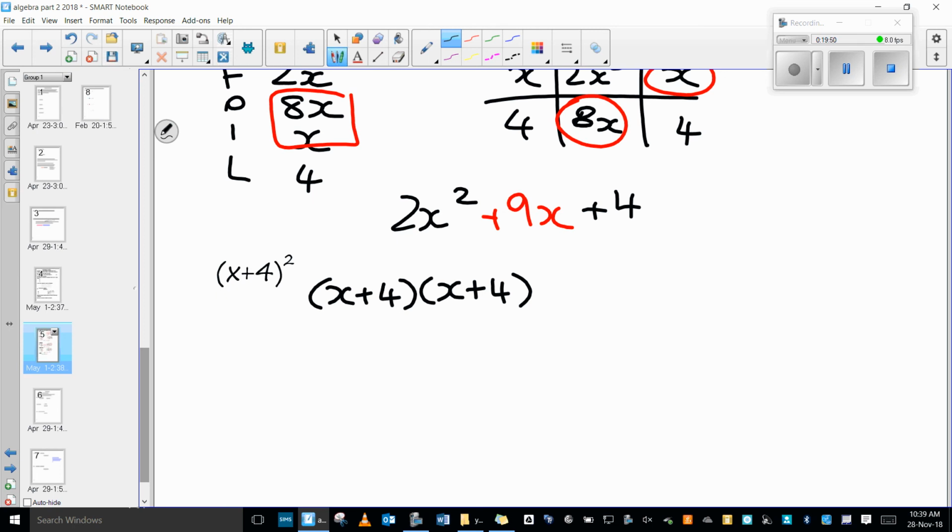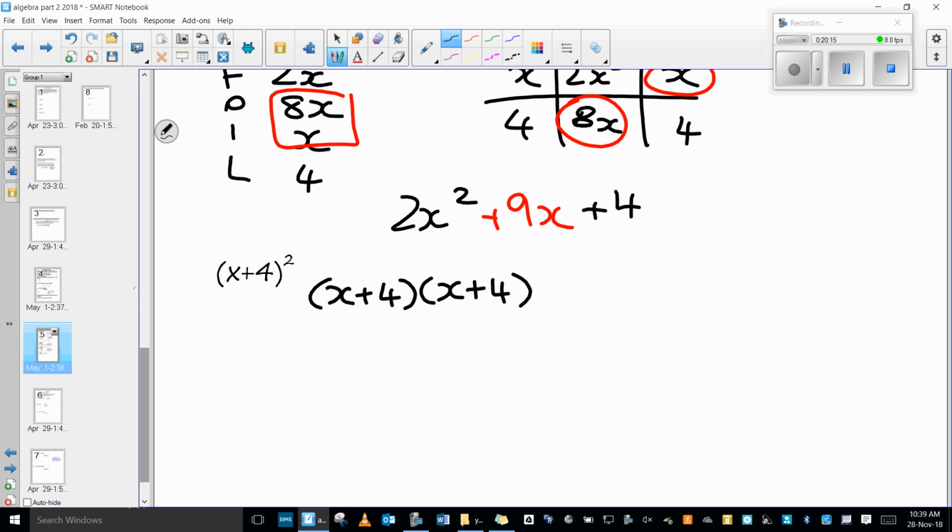They'll square the F, they'll square the L, and then they forget the O and the I, and they get the wrong answer. So it's really important that when you see the squares, you just repeat your bracket. That's not hard. First step, yes? And now you can follow your FOIL or your boxes methods, okay? So it just means that the question now looks like all of the others, yes?